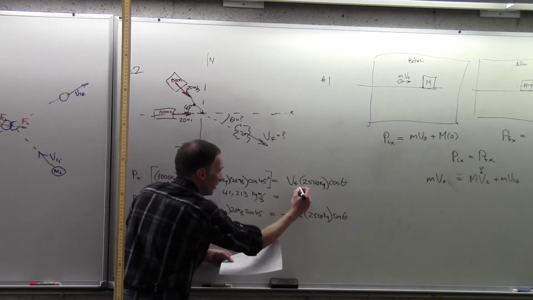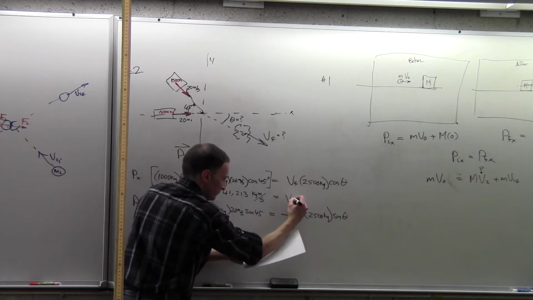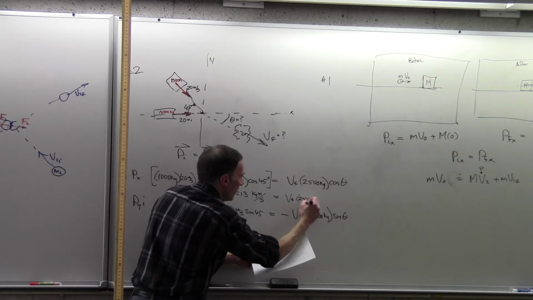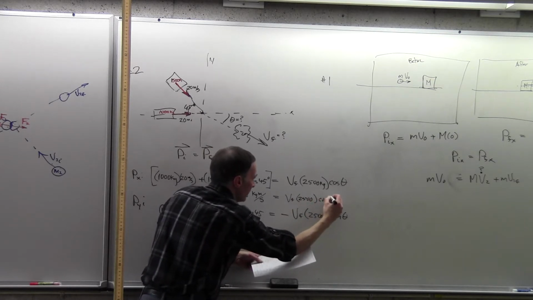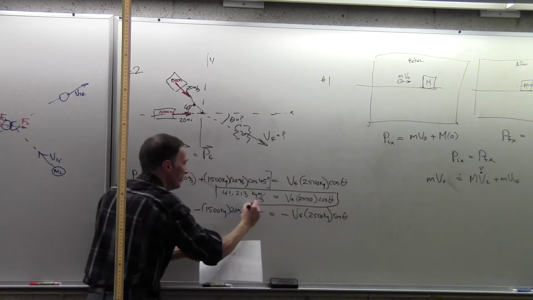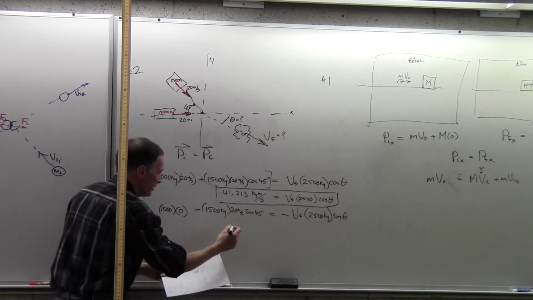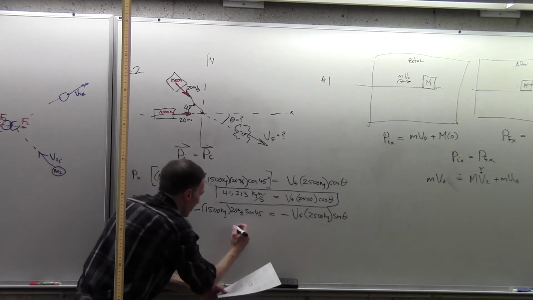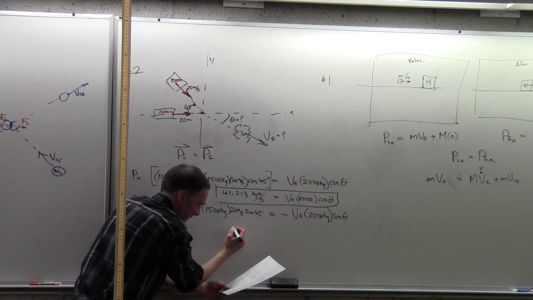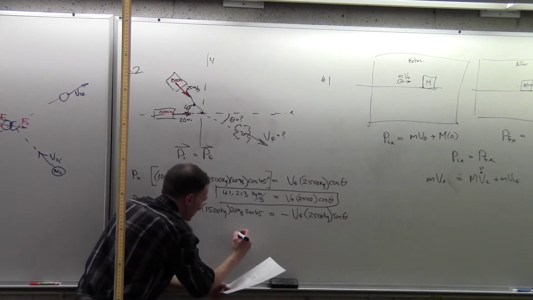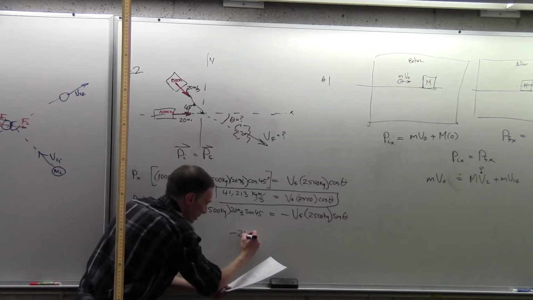And this will, of course, still be v final times 2,500 times cosine theta. So I've got this one that I want to look at. And this one here is going to be 2,100 in the y. And I'm pausing. Okay, so this should be a minus 2,100.